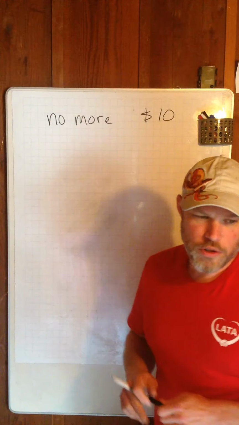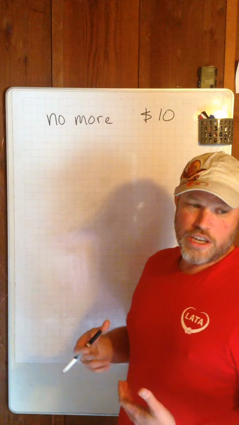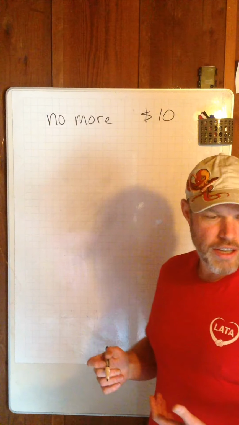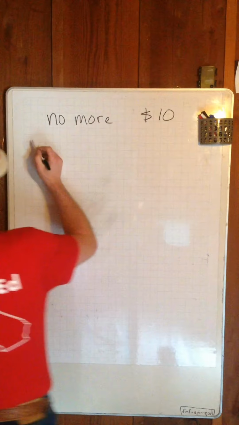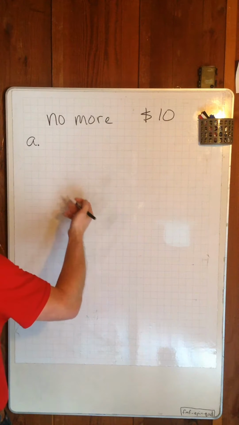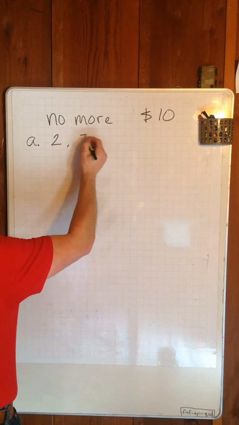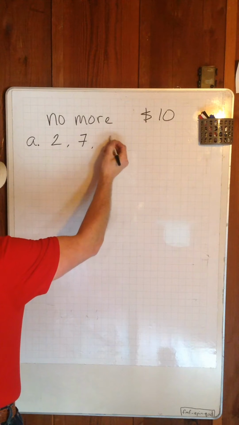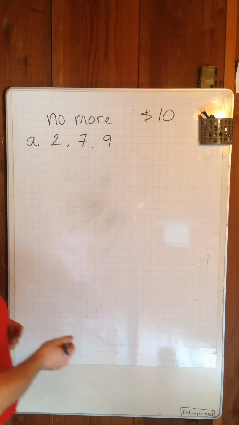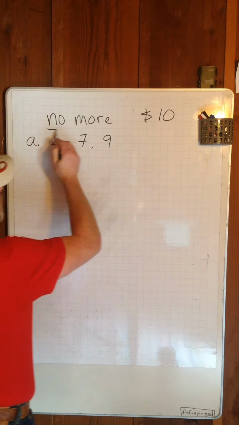And so first it's going to ask us to give some values for the amount that he could spend while he's at the arcade. So some of the values could be, well, if it's no more than $10, he could spend $2. He could spend $7. He could spend $9.